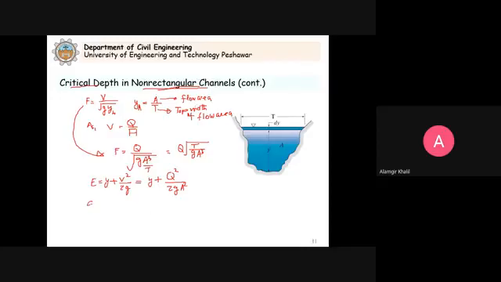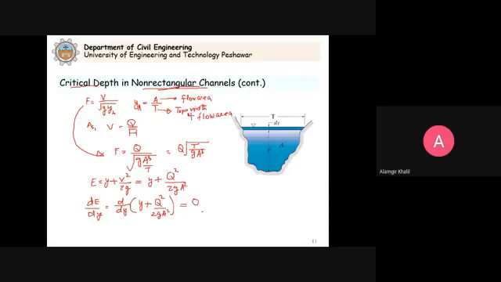So we differentiate dE divided by dy, which is d by dy of y plus Q square divided by 2g into A square. We take the derivative and equate this to 0.